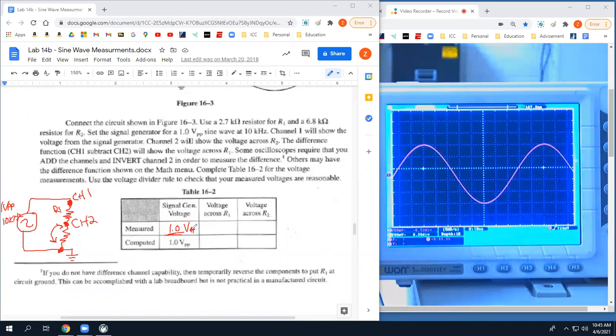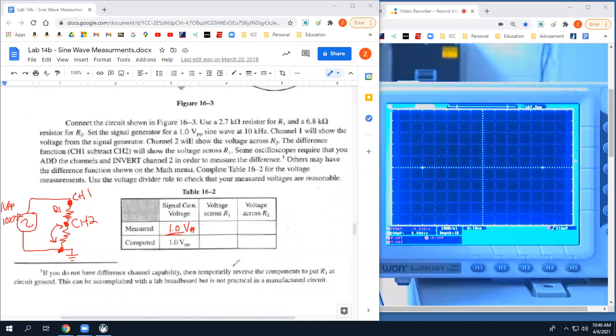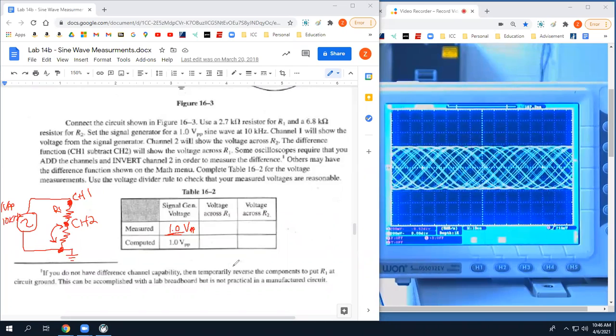Okay, well, what's my voltage across R1? How do we measure that? That would be channel 2, right? I'm going to turn channel 1 off. Turn channel 2 on. Holy mackerel.